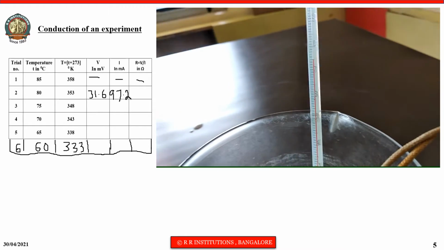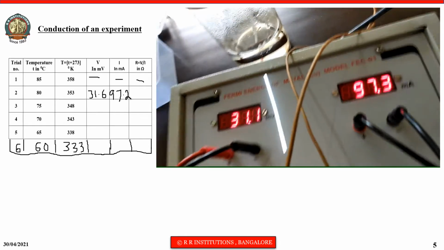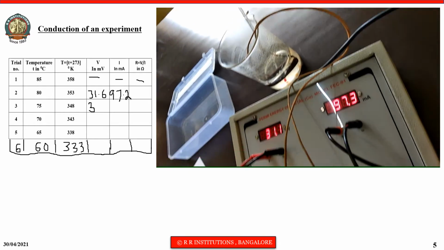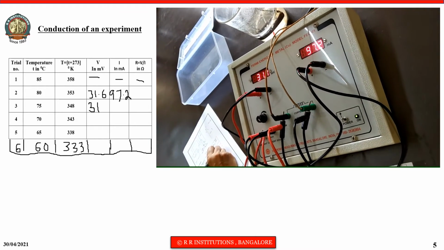For 75 degree Celsius, we have to note down the corresponding voltage and current. It is 31.1 millivolt and the current is 97.2.